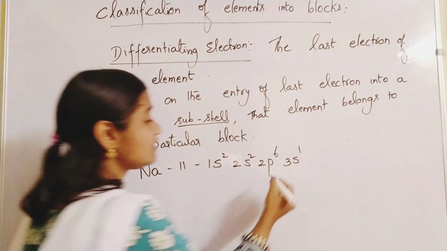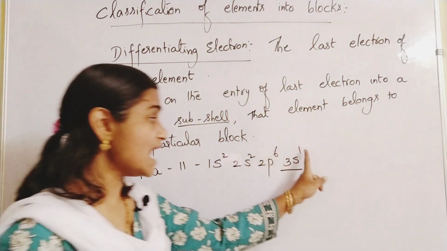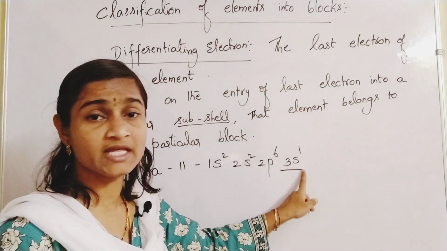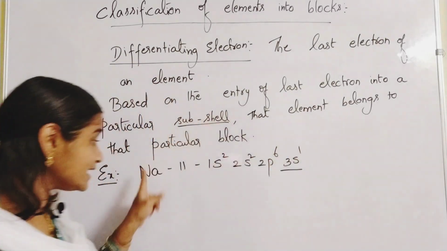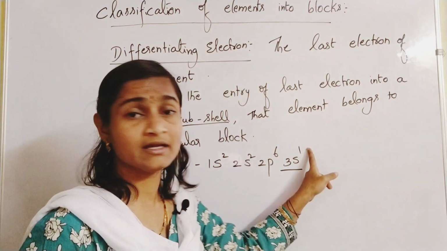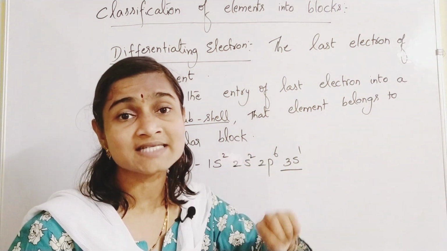Here the last orbital is 3s1. That means the last electron is the electron which has entered into 3s, the last electron of sodium. For sodium 3s1, the electron is entering into the 3s orbital. That is the last electron.